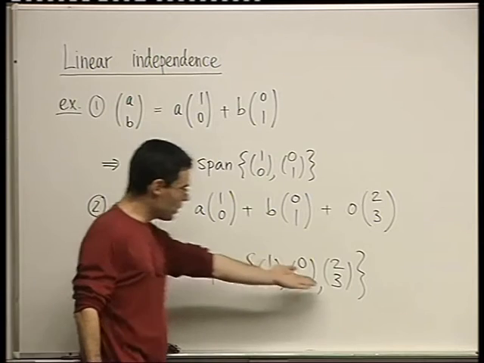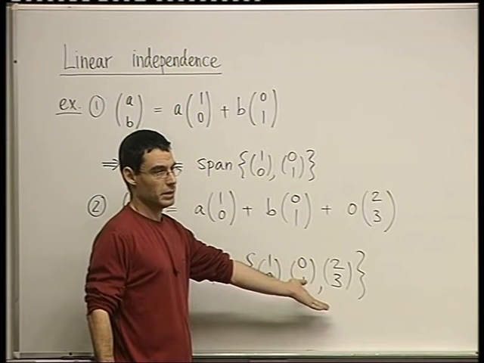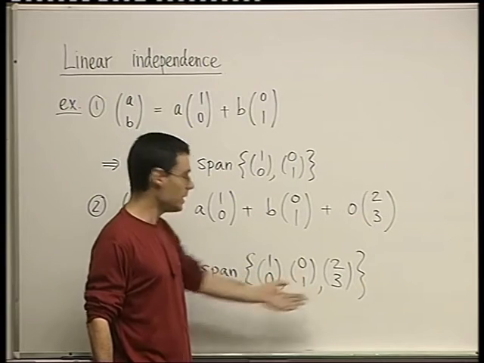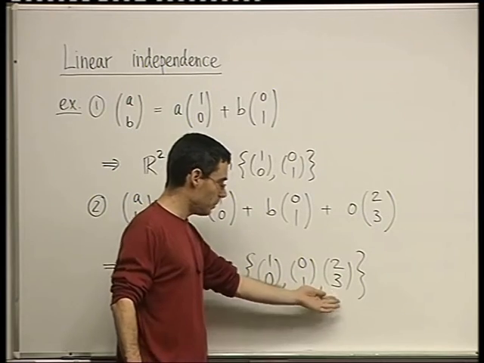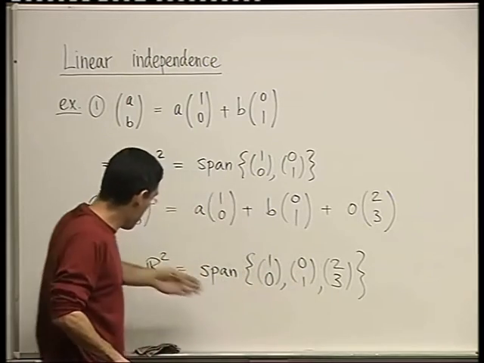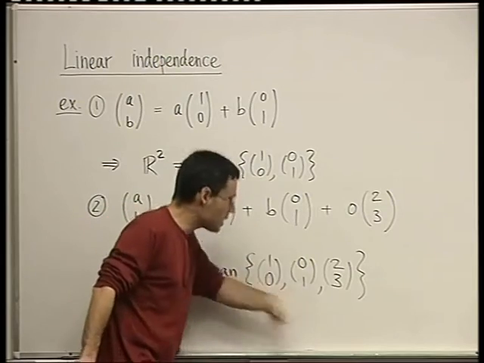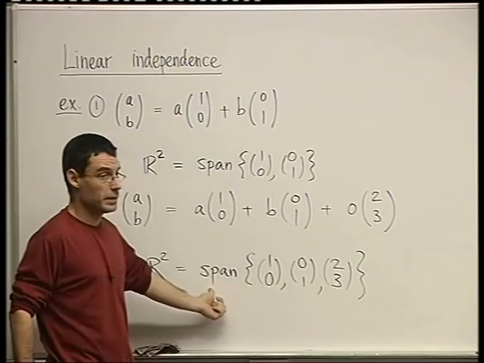Now, what's the difference between the first example and the second example? That this dude here, (2, 3), was really not necessary. He was an extra, right? He's coming along, but we don't really need him. We can throw him out and still have the same span. He doesn't add anything new to the span.